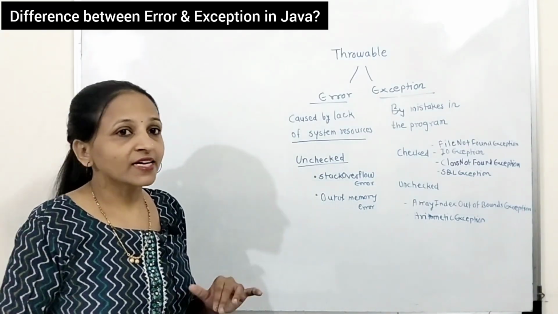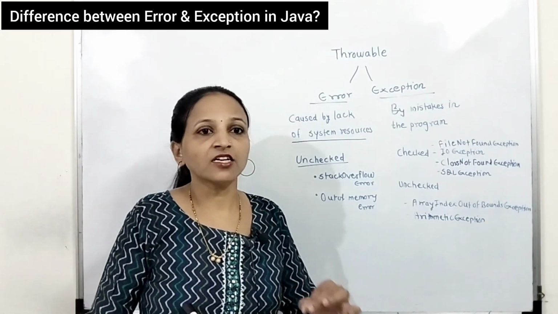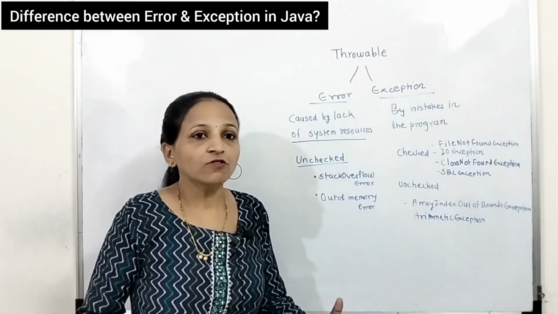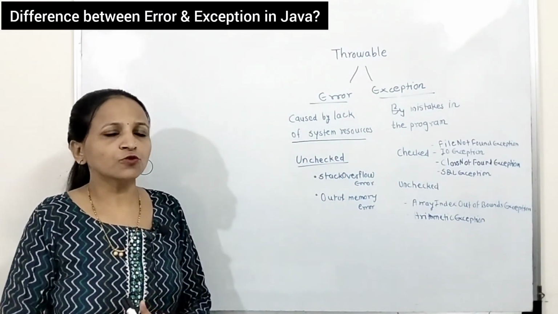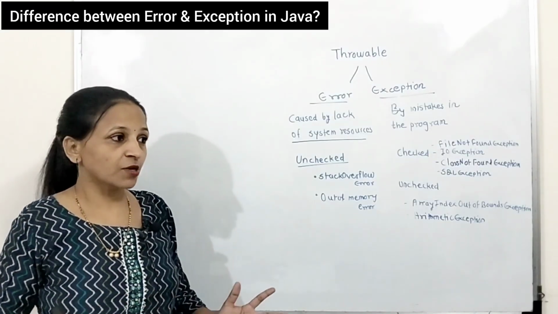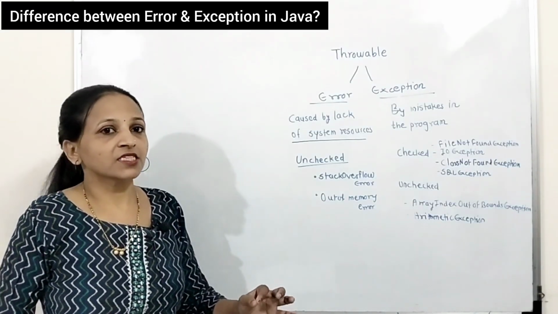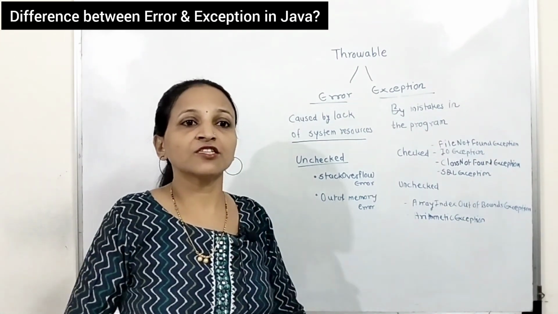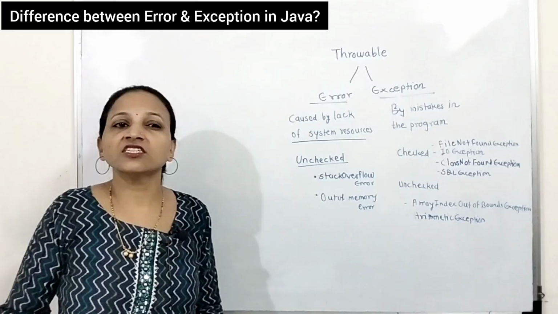Okay, at compile time only. If such type of checking is there, then that comes under the checked category. Now errors are always unchecked. Compiler doesn't know about this error, means if this type of error may happen, such type of guessing is not there, such type of checking is not there by the compiler. That's why all errors are unchecked.